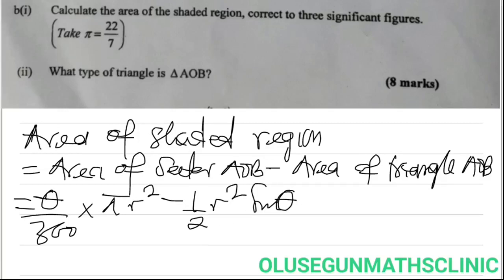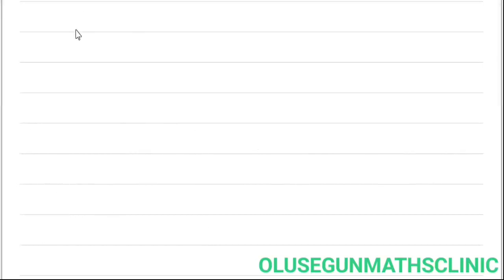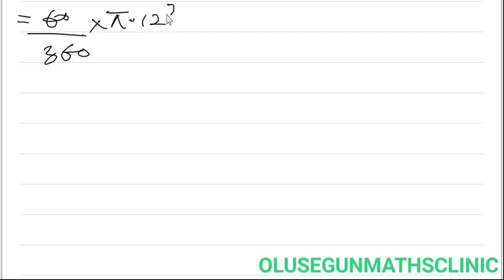Let's substitute the values now. We have 60 over 360 times pi times 12 squared minus 1 over 2 times 12 squared times sine 60.